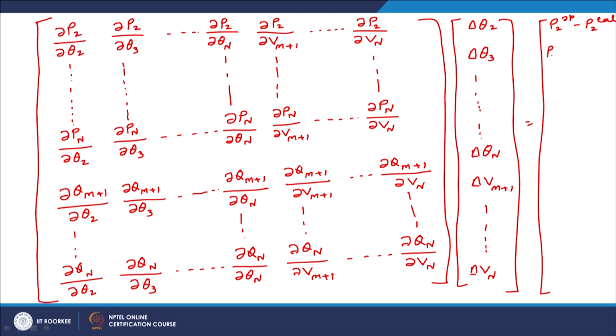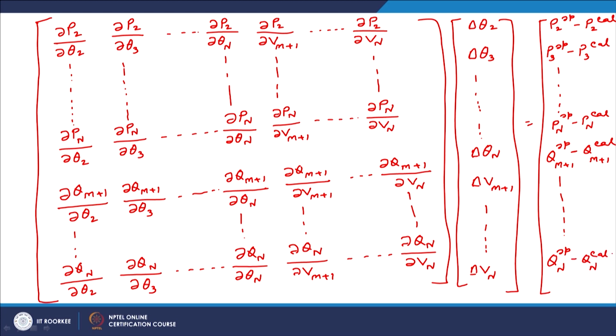So, we write it as P2 specified minus P2 calculated, P3 specified minus P3 calculated, up to Pn specified minus Pn calculated. Then we have Q m plus 1 specified minus Q m plus 1 calculated, and similarly Qn specified minus Qn calculated. So, this is what we get.